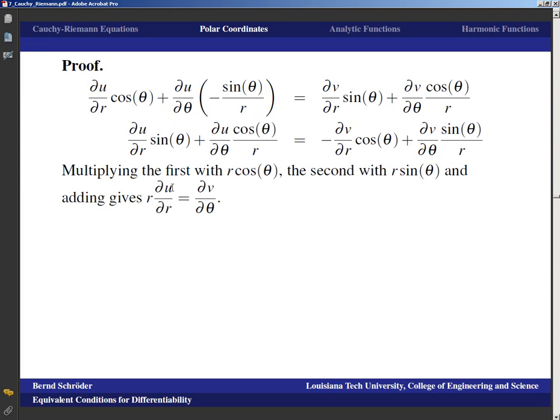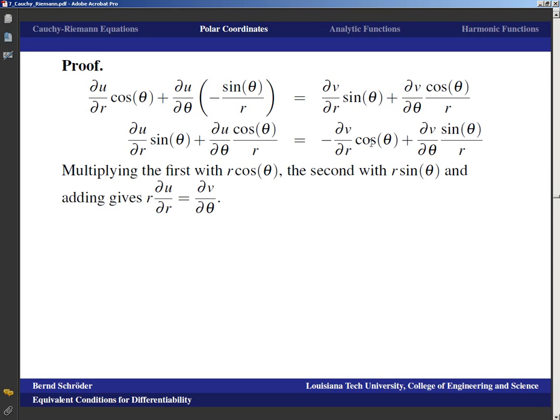If I multiply this one with r cosine theta, I get r dv/dr sine theta cosine theta. Multiply this one with r sine theta, I get negative r dv/dr sine theta cosine theta. So these two will cancel.